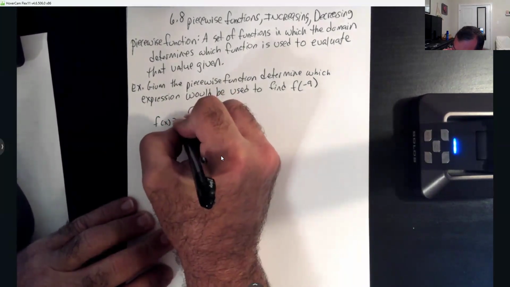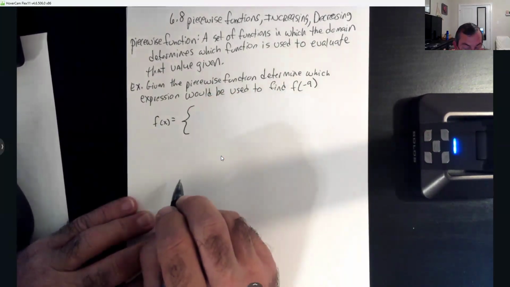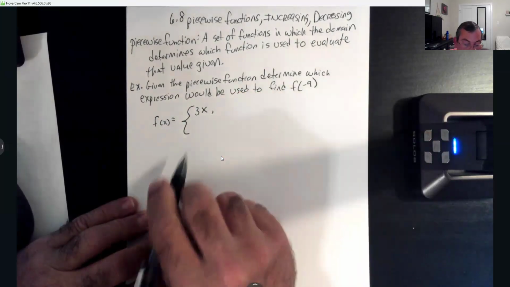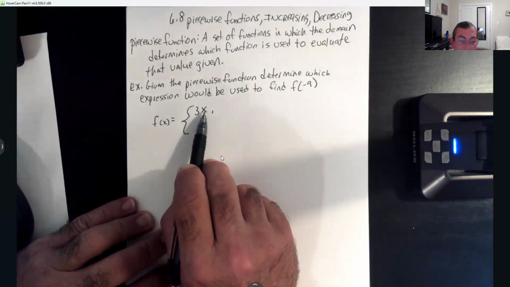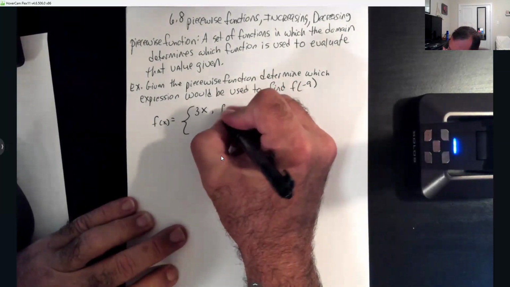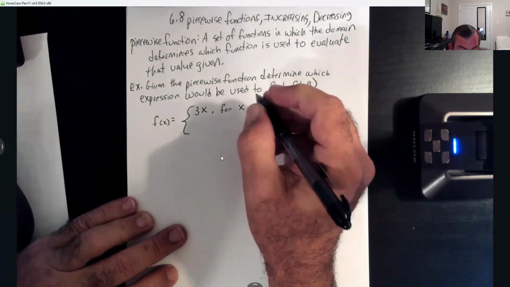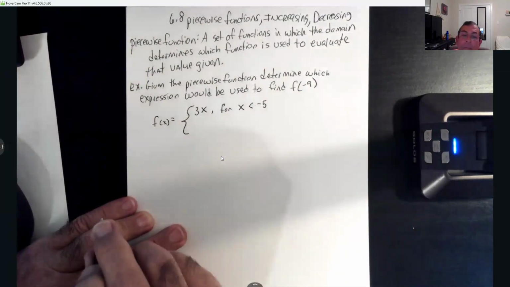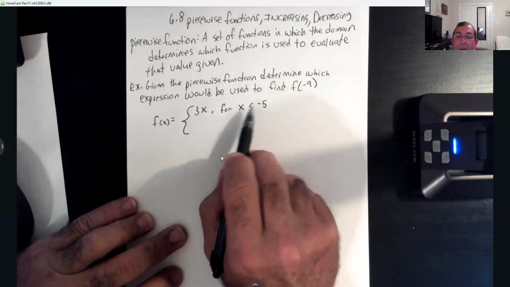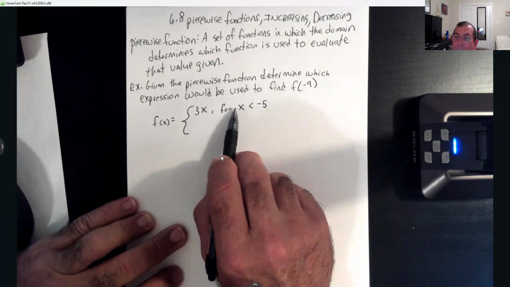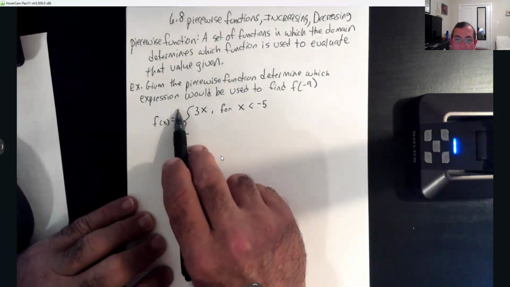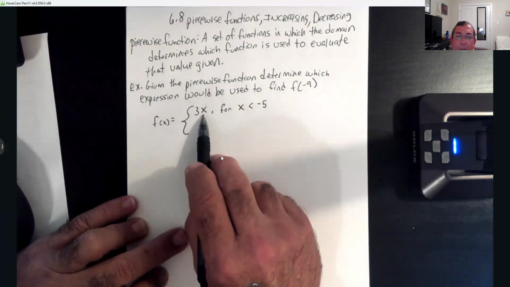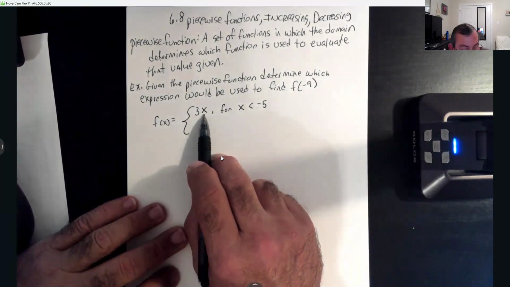All right, so here's my piecewise function. Remember, it's going to be a set of equations. They got 3x and then a comma. So we use 3 times x for any x's that are less than -5. So if the x values are -6, -7, -8, anything going towards negative infinity, if they're less than -5, I use 3 times x.